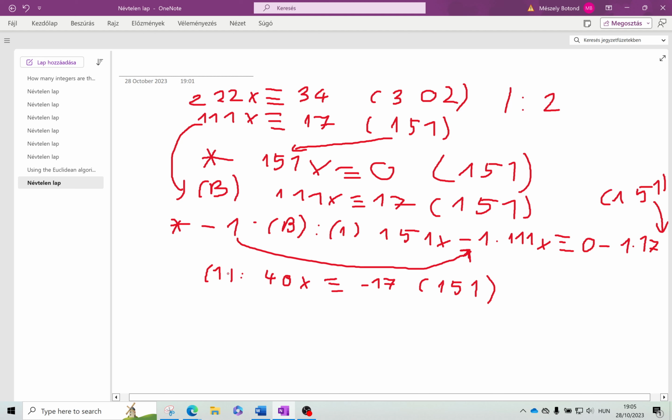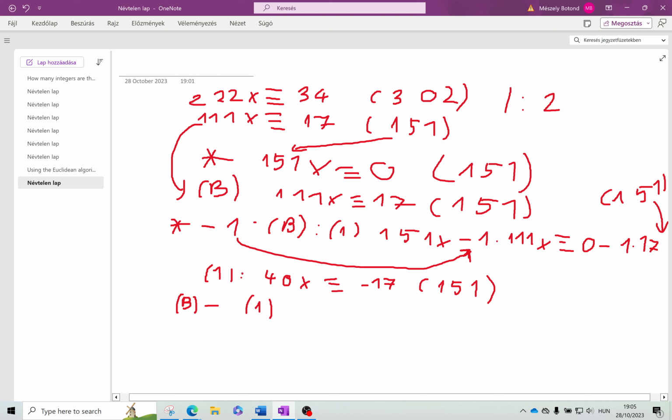Alright, we got the one, and now we shift this equation a bit. So instead of the star, it will be b minus 1. So the b equation is 111x congruent 17 modulo 151.